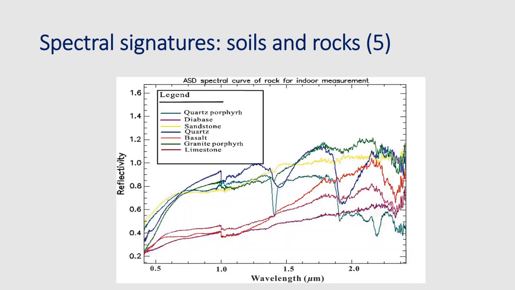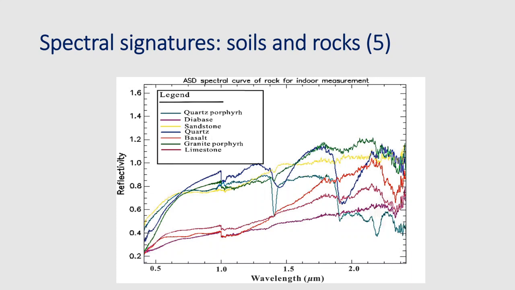So you see here, for example, you have different kinds of rocks, and of course, again, on the x-axis the wavelengths, on the y-axis the absolute reflectivity in this case. And you see that if we have quartz, diabase, sandstone, quartz, another kind of quartz, basalt, granite, and limestone, the spectral signatures are very different.